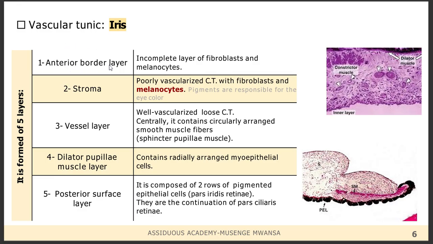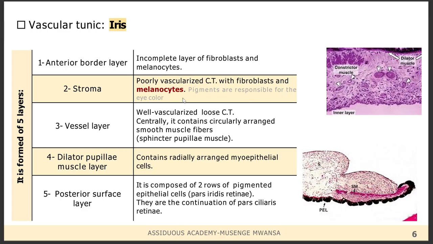So the anterior border layer is an incomplete layer of fibroblasts and melanocytes. The stroma is supporting connective tissue, which is poorly vascularized, with fibroblasts and melanocytes.